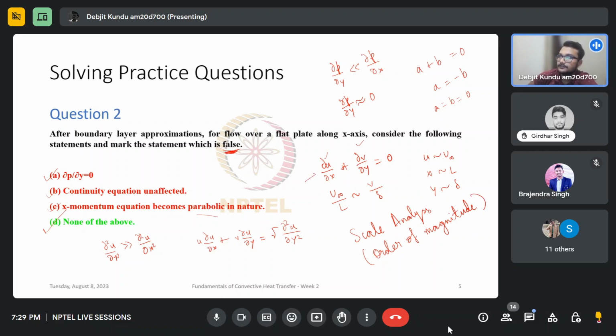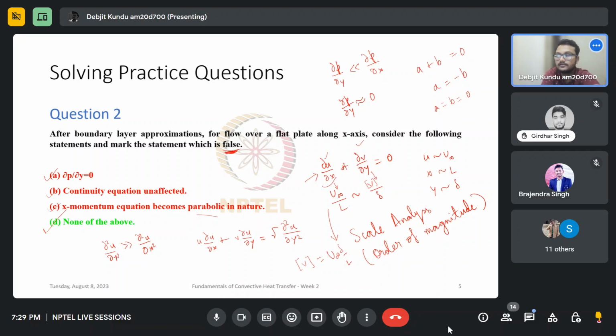So in this equation, for this particular term, I know that it scales as U infinity by L, and ∂v/∂y I know should scale as v over delta. We don't know the scale of v yet. So from this, we will infer that the scale of v should be equal to U infinity into delta by L. Now, I'm not saying the exact value, whether it will be positive or negative.